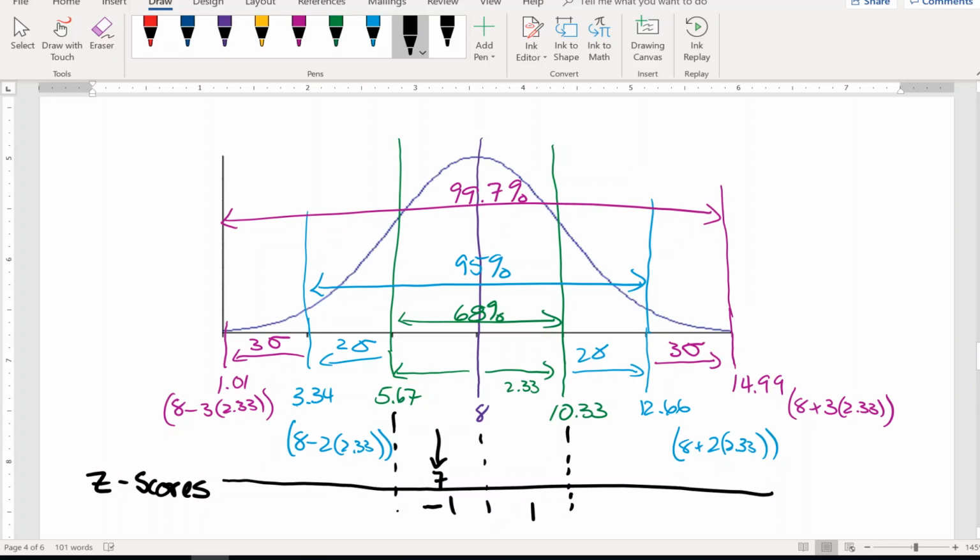This one would be +1. This is +2 and +3. This one here is -2. And this one is -3. So now we can say that any value within this range between here and here will have a Z-score of -3. Any value within this range will have a Z-score of -2, and so on. So those are our Z-scores.